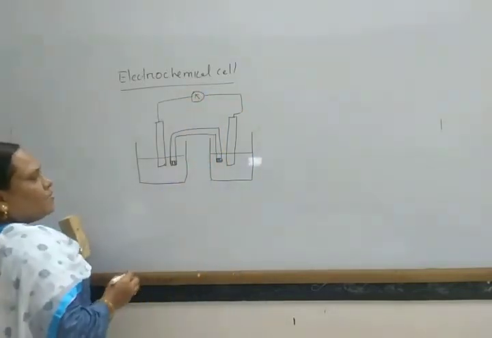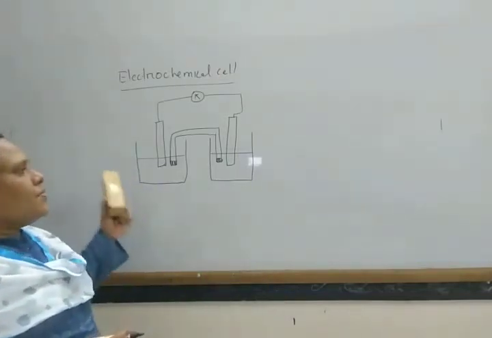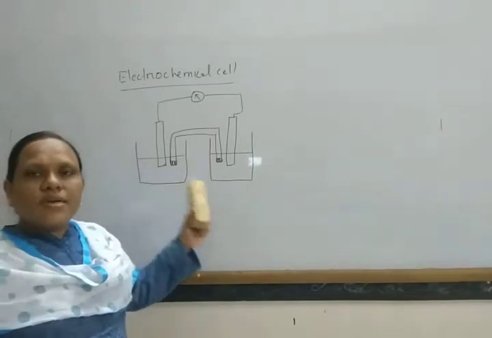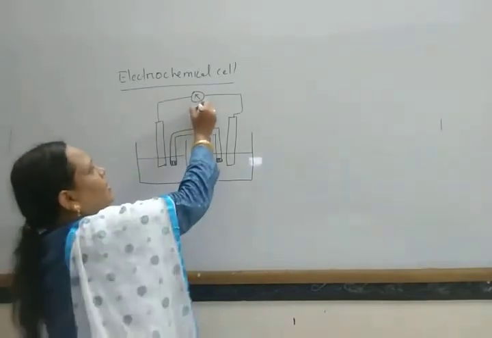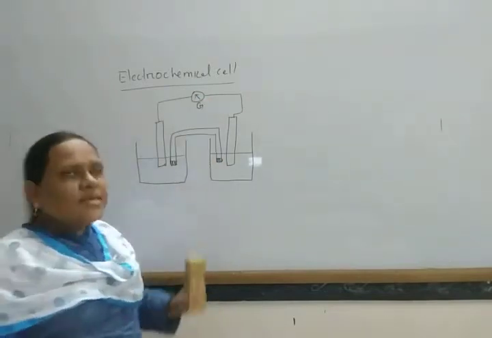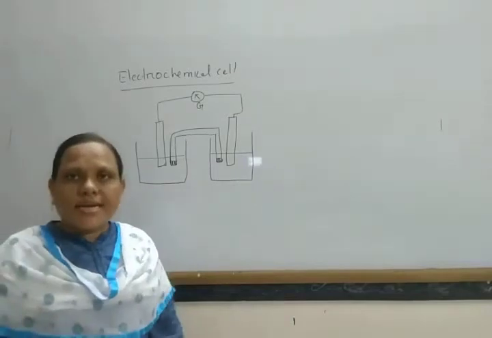So this consists of two compartments, two different electrolytes, two different electrodes, a salt bridge, a conducting wire and a galvanometer. This is the general construction of an electrochemical cell.